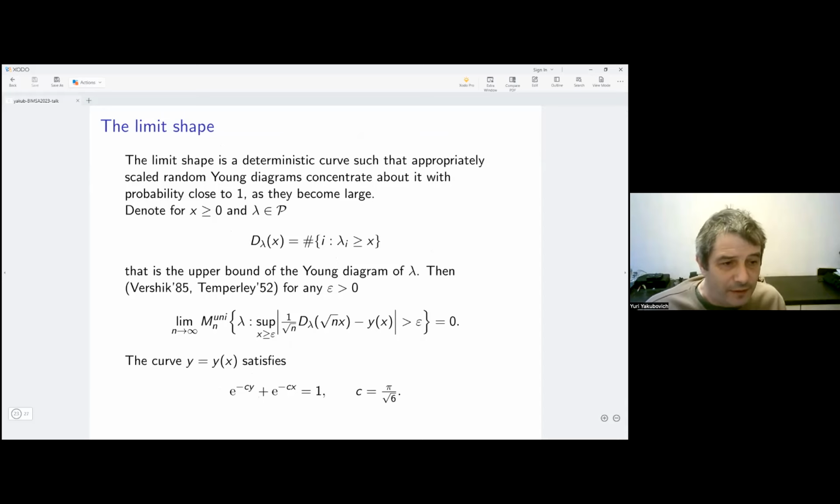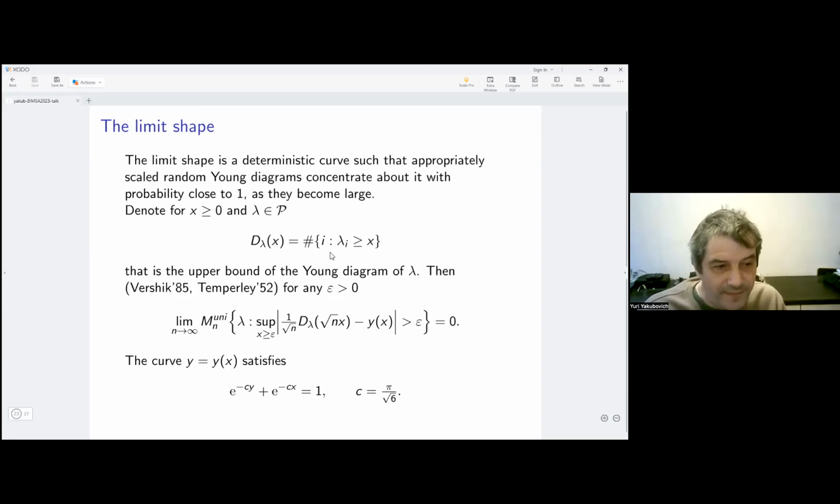It is well known that a random partition chosen with uniform measure has a limit shape, which actually means the following. If we consider this Young diagram, which we defined as a subset of the quadrant in a plane, we can consider its upper bound, and then it will be a function of x.